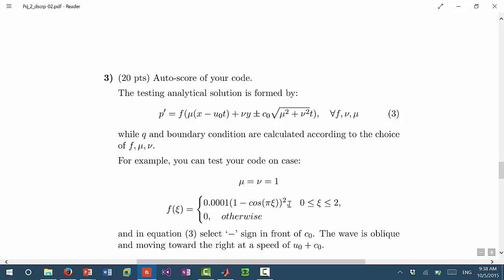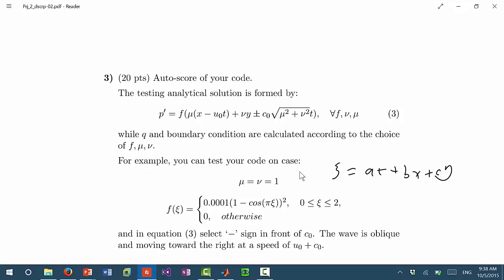So if you let Xi equal a times t plus b times x plus c times y, you can figure out there are certain combinations of a, b, and c that, when you plug this into the governing equation, you're going to find out this is a solution.